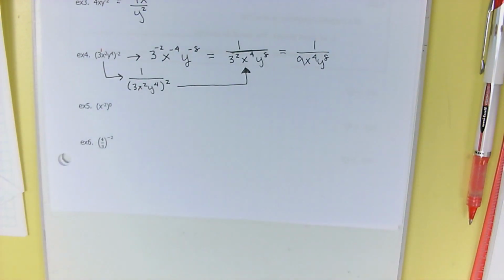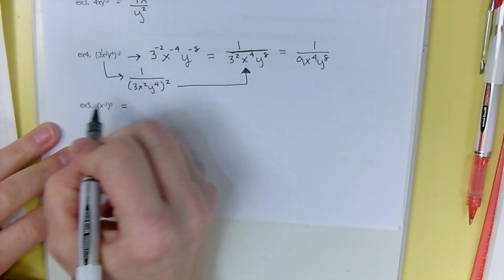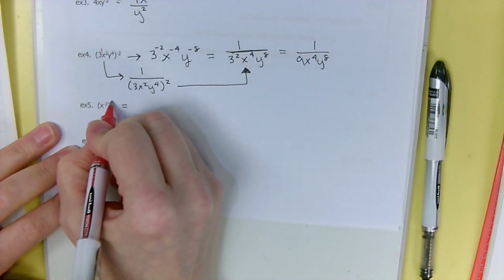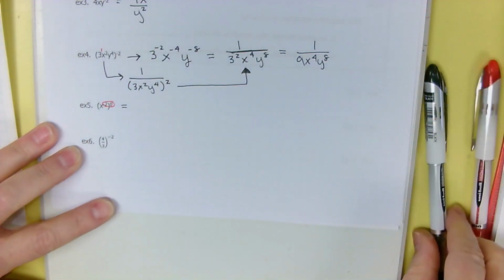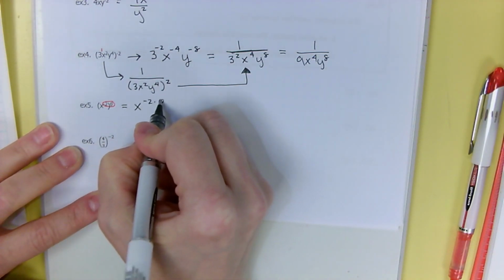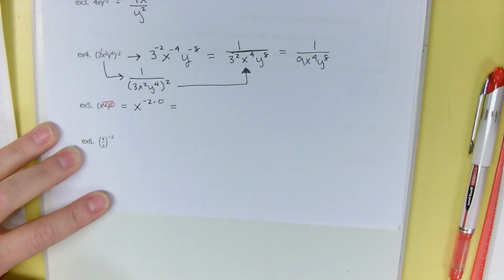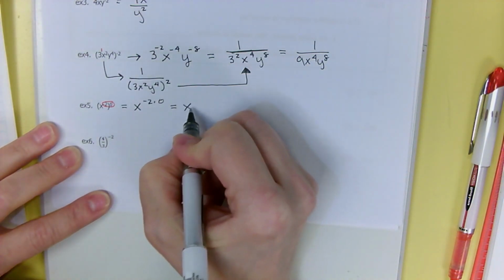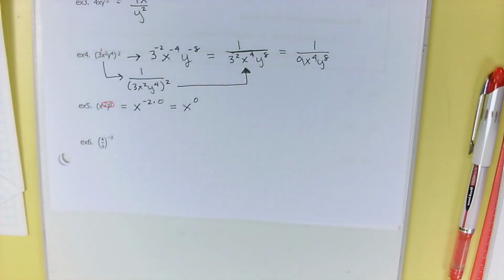All right, let's do example 5. Power to a power rule says keep the base, multiply the powers. So this is x to the negative 2 times 0. Negative 2 times 0 is 0. And that's why you simplify before you start moving negative exponents around, because on this one, the negative exponent went away.